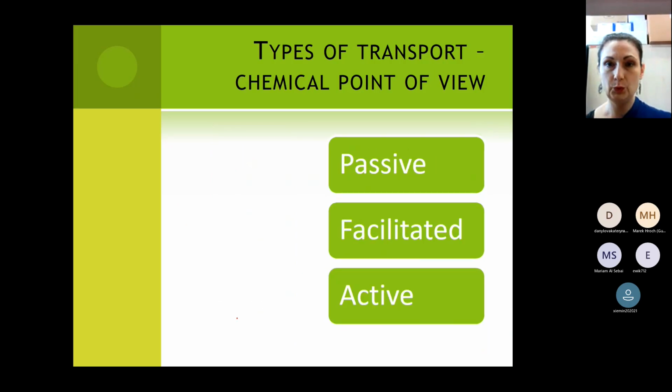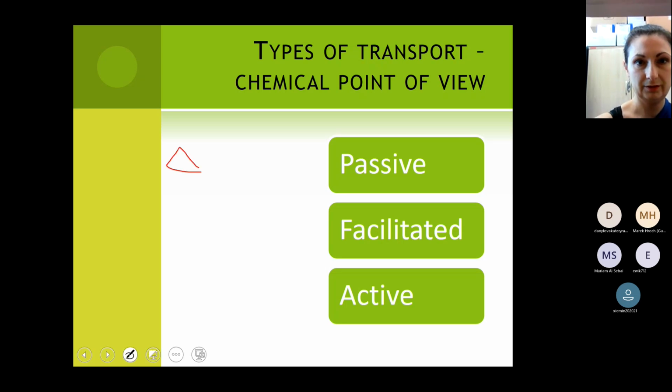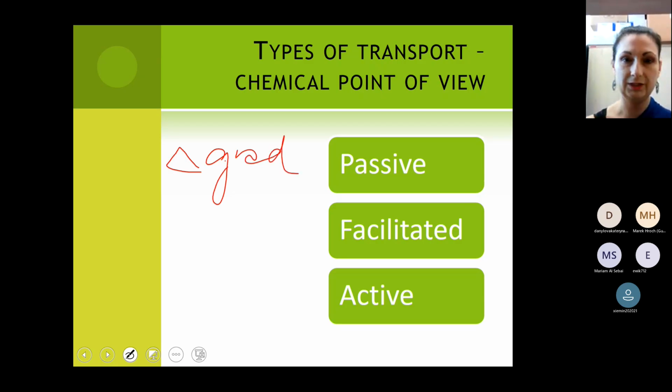The chemical point of view, which is maybe more familiar to you, is passive, facilitated, and active diffusion. For passive diffusion, we are using only the chemical gradient, the chemical gradient of the concentration.